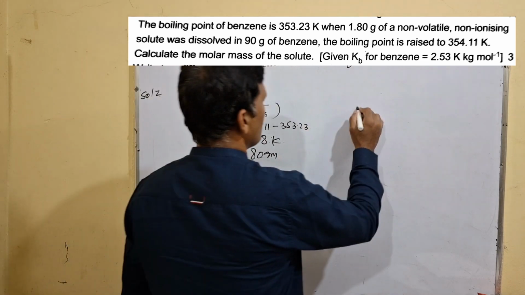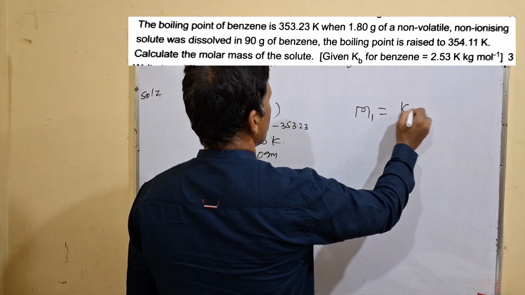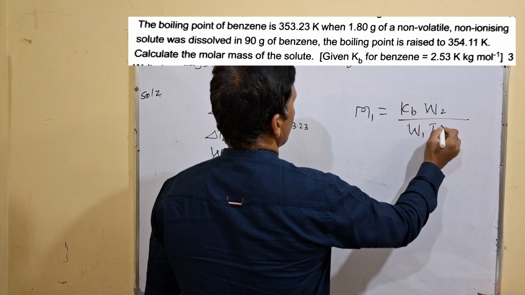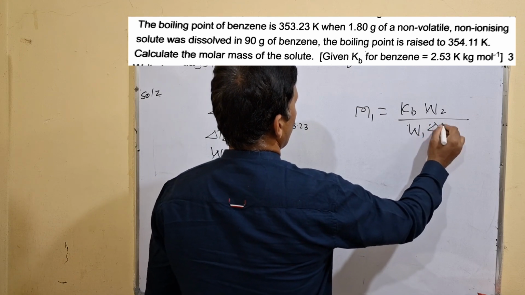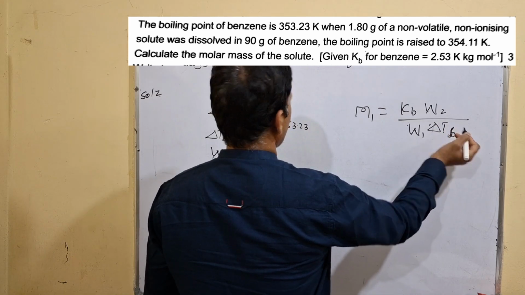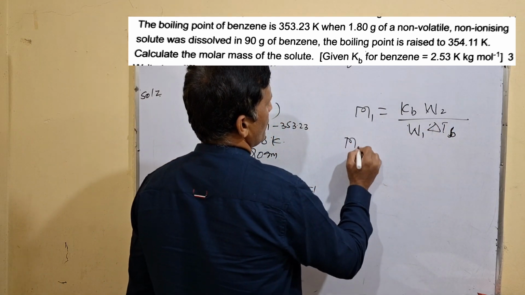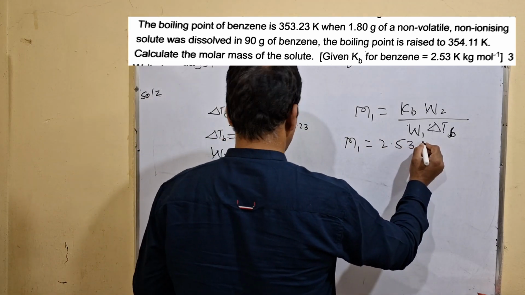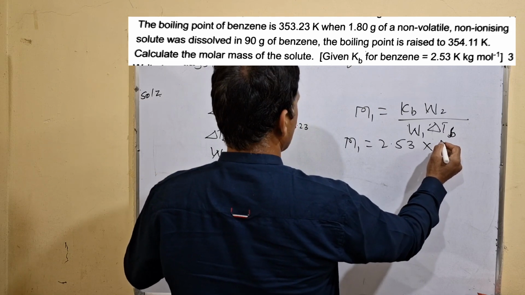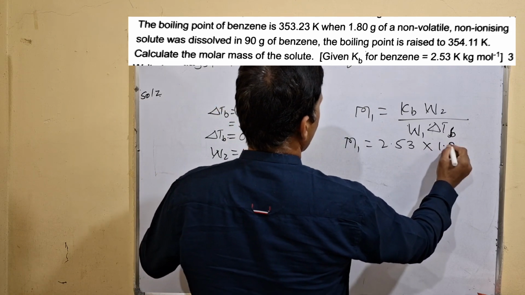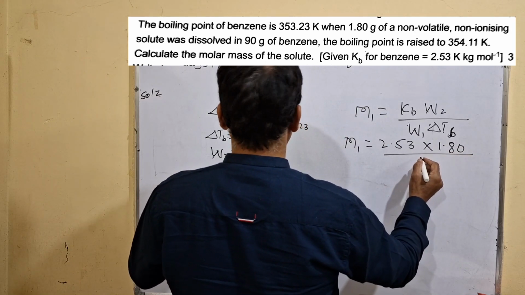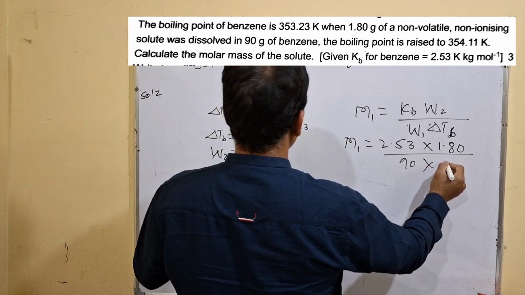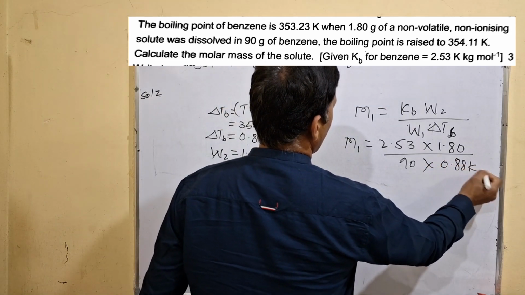So therefore write the formula. Molar mass is equal to Kb into W2 divided by W1 into delta TB. So M2, molar mass of the solute, is equal to Kb, which is 2.53, into weight of the solute 1.80, divided by 90 into 0.88 Kelvin.